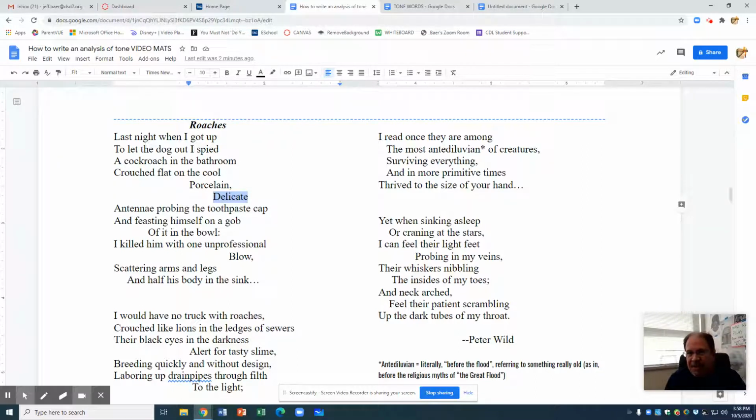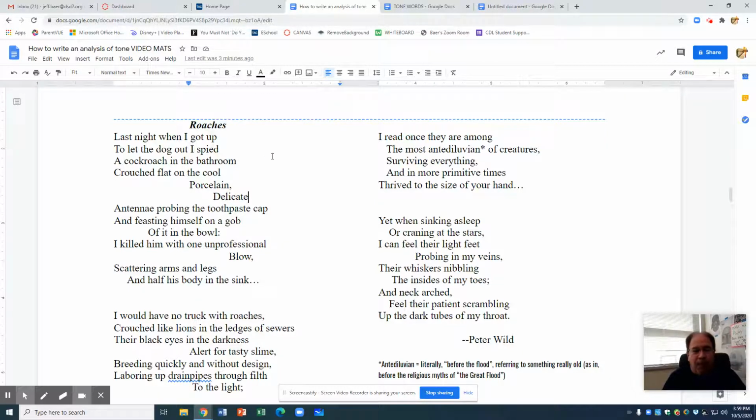That's not a pleasant image for most people. It gives you the heebie-jeebies, right? So the word delicate is not a positive word. So we have to be careful cherry picking examples of text. So it's good to go through it bit by bit in this particular case. So we're going to do that.